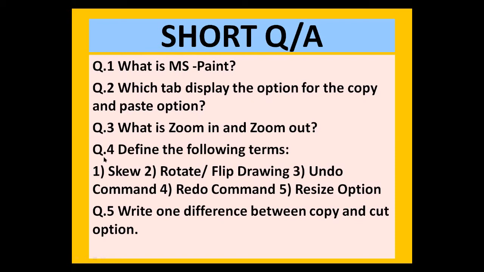Question number 4, define the following terms: first one is skew, second is rotate, flip drawing, third is undo command, fourth is redo command, and fifth is resize option. You can find the answer in your book. Question number 5, write one difference between copy and cut option.